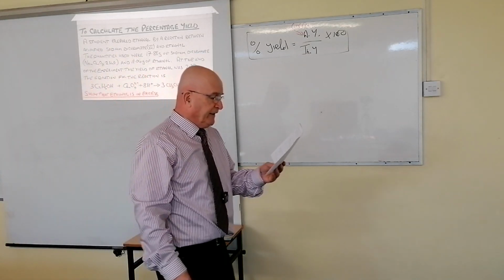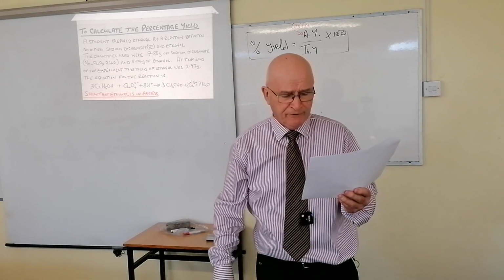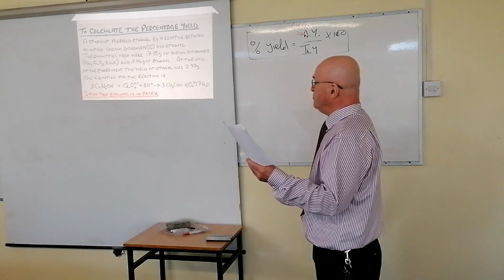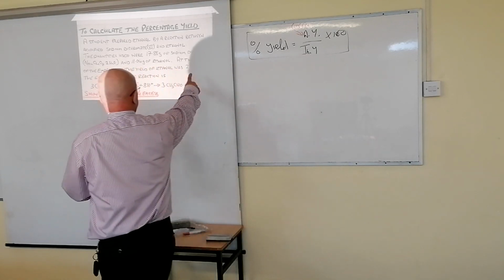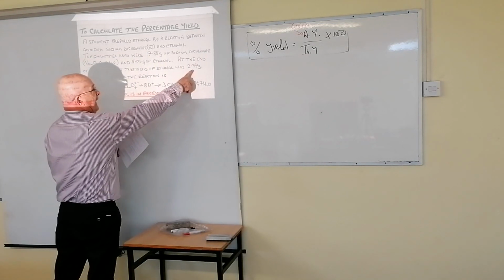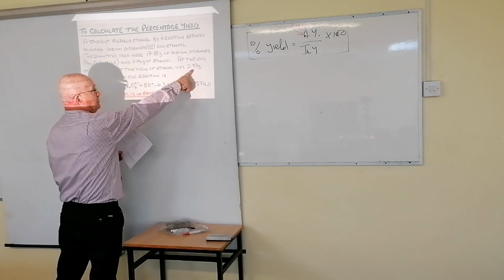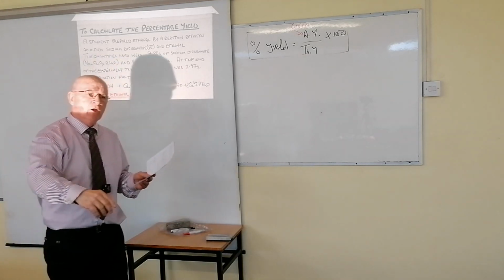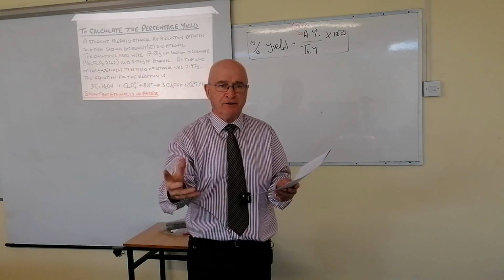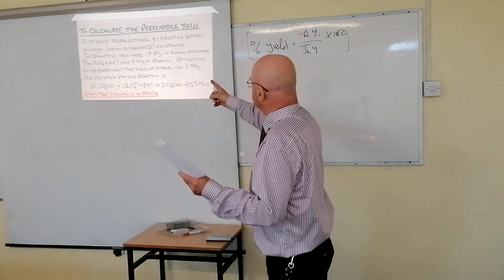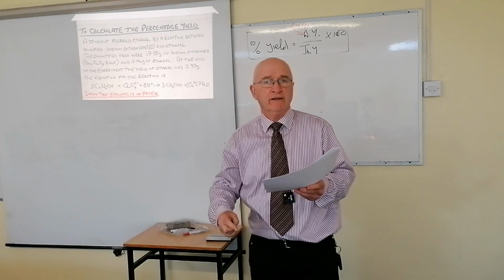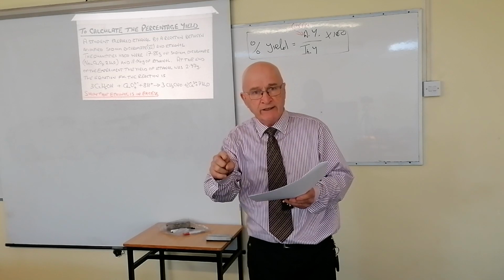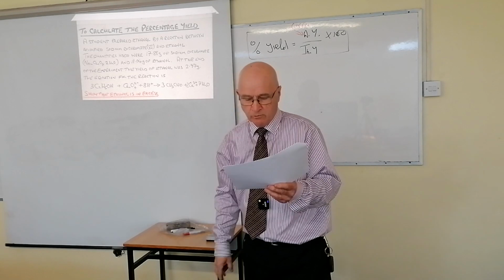At the end of the experiment, the yield of ethanal was found to be 2.97. That's the actual yield, given in the question. They may not use the word yield at all. They may say something like, when the student had isolated the product and weighed it, it had a mass of 2.97. You'll always know that's the actual yield as distinct from the theoretical one, okay?